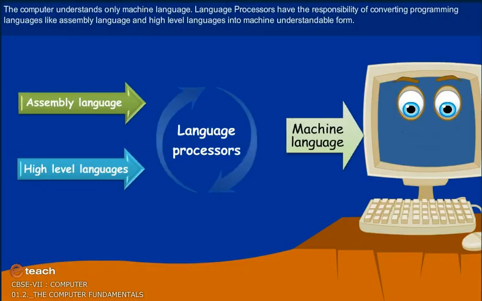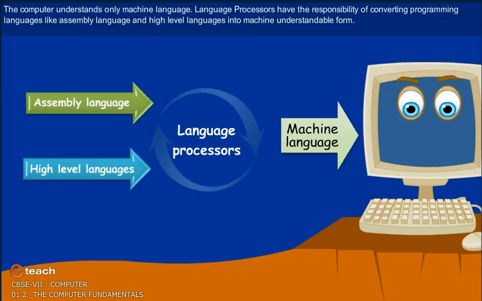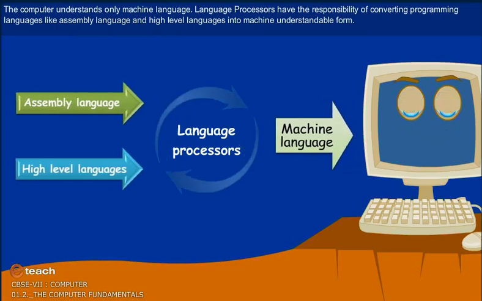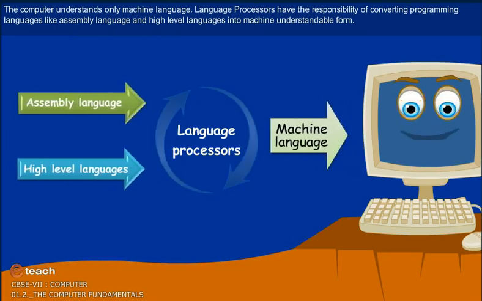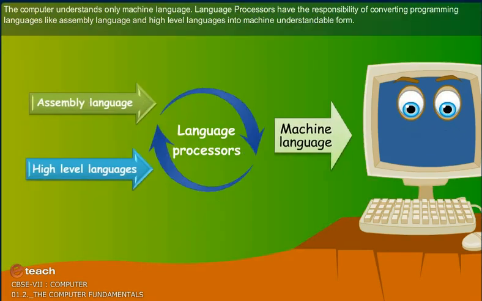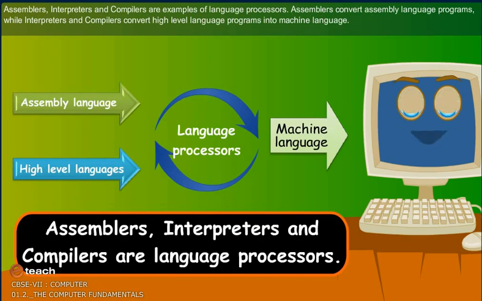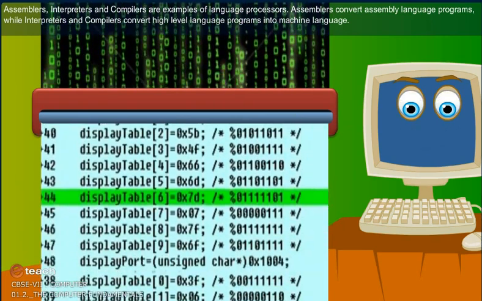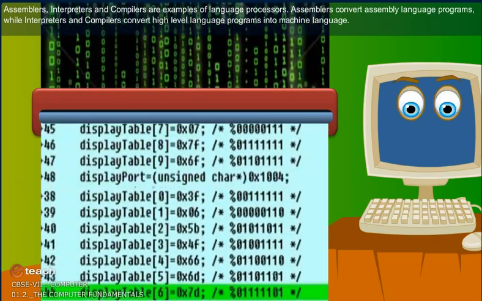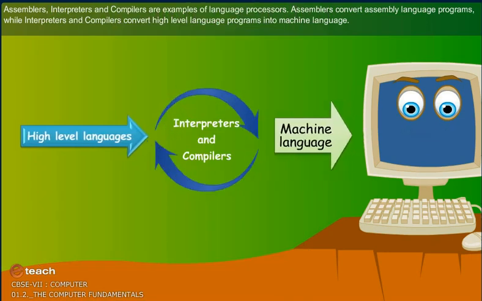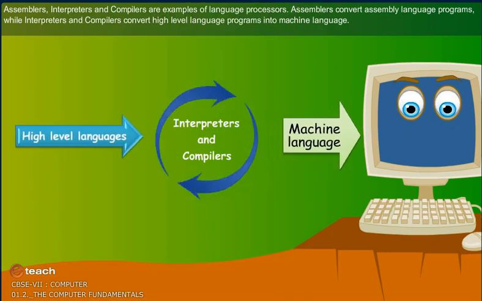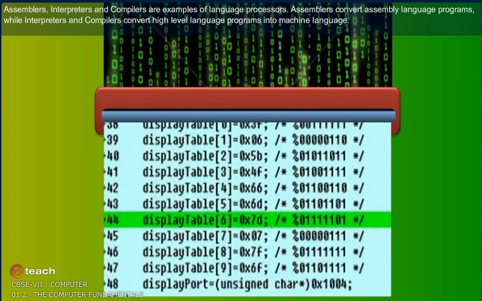Language processors have the responsibility of converting programming languages like assembly language and high-level language into machine-understandable form. Assemblers, interpreters, and compilers are examples of language processors. Assemblers convert assembly language programs, while interpreters and compilers convert high-level language programs into machine language.